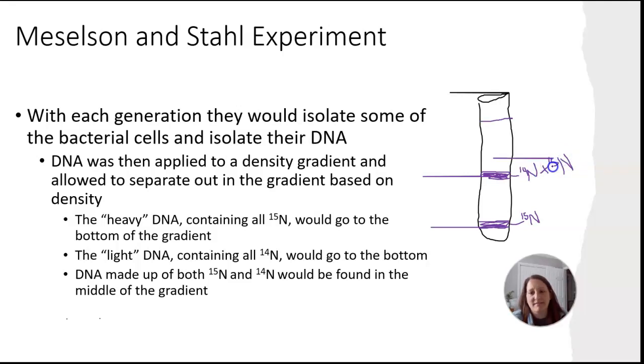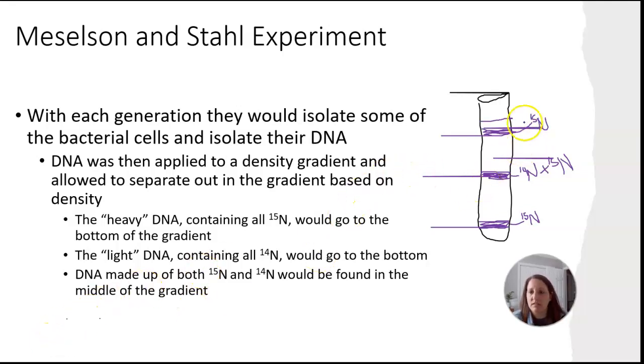And then up here, if I have DNA that goes way, way up here in my density gradient, this is going to be DNA that's made up of 2 strands that only have N14. So that's very light DNA.